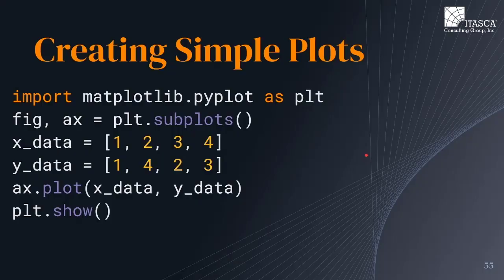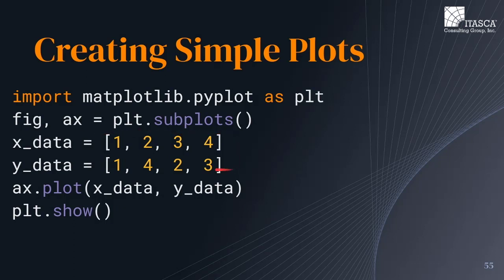This is a simple example of how to create a straightforward plot, given some X and Y data. Firstly, we import the pyplot sub-package from the matplotlib package. It's typical style to shorten this as simply PLT. We then use the subplots function to create a figure and axes as the backbone of our plot.